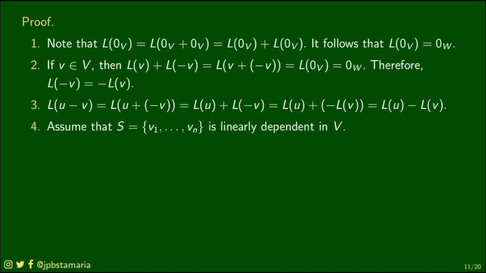So, if we assume that S containing V1 up to Vn is linearly dependent in V, we are going to prove that the images of these vectors are still linearly dependent, but in W.